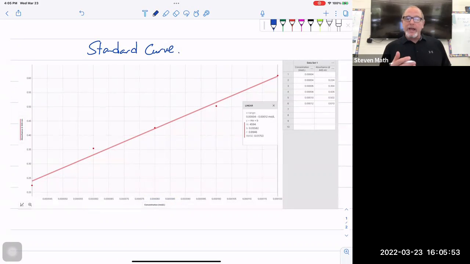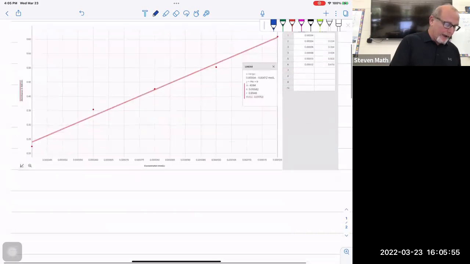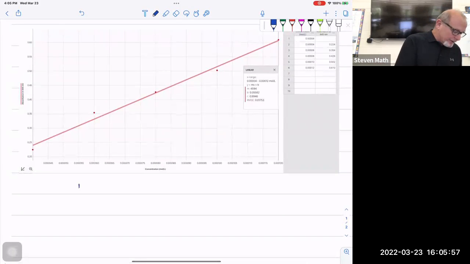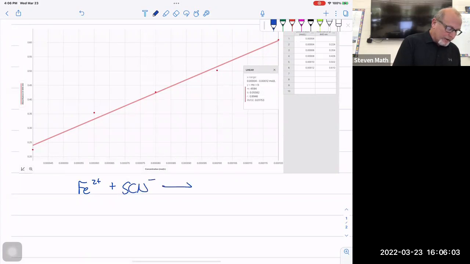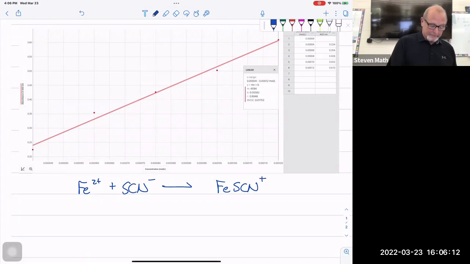If we create an unknown solution, the reaction we had was very simple: Fe2+ plus SCN minus makes an FeSCN2+ ion, and this ion has a relatively reddish pigment to it. So we were able to measure the different pigments.